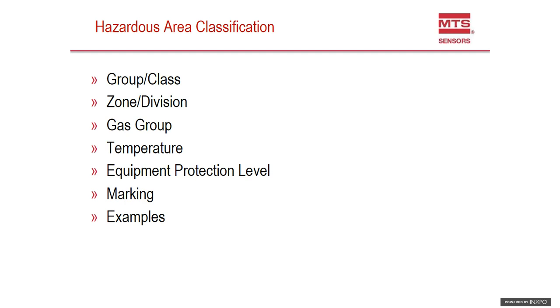The next one is going to be your gas group. So here you're trying to describe the amount of energy that gas or that liquid has stored inside itself. So there's typically 4 main ratings here, and they're different depending on which approval you're looking at. If you're looking under the division concept, then you're going to be looking at a group A, B, C, or D, whereas if you're looking under the zone concept, you'd be looking at groups 2A, 2B, 2B plus H2, or 2C.